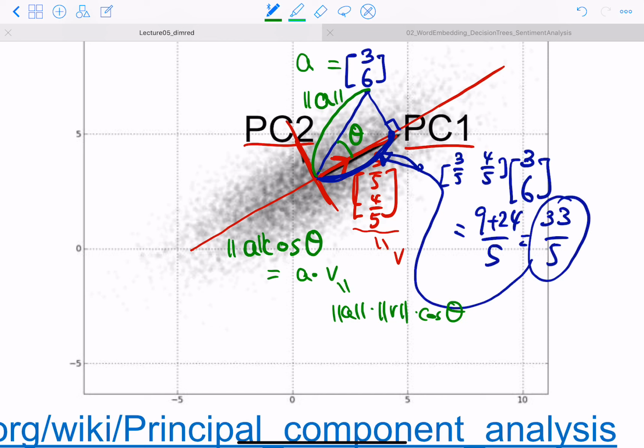This is the definition of the cosine in the inner product. We want to obtain only this part, so we have to divide by the norm of V, but by definition we already use the normalized vector V, which has a length of 1. So this is 1.